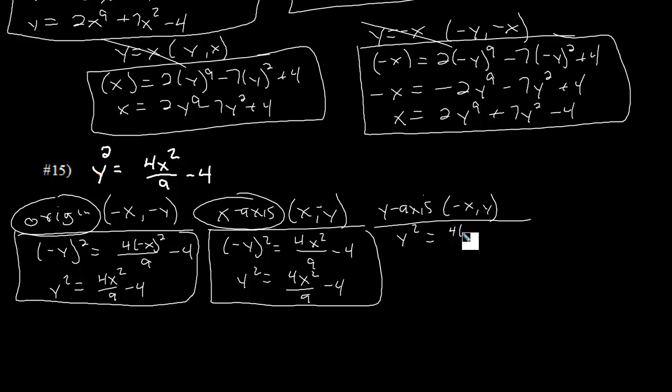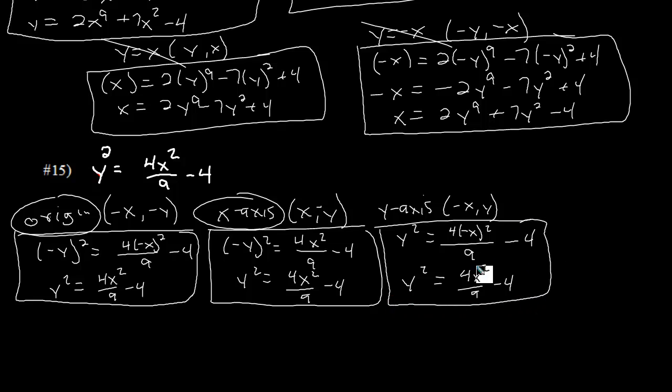Hopefully, you're seeing this is going to work as well. The only thing we're changing is this x right here, and it is being squared, so it's going to return it to its original pristine condition. Untainted. It's not tainted at all.